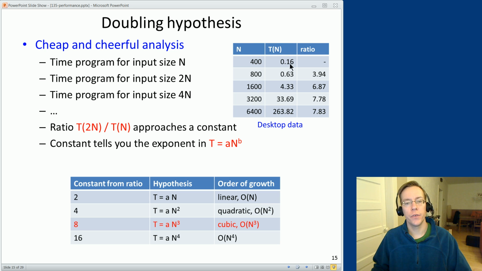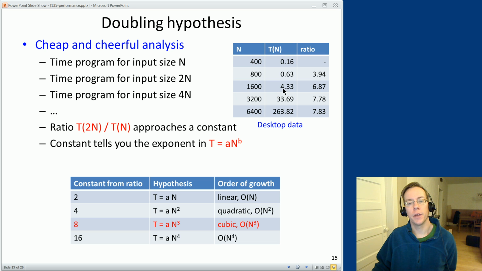Once we have the first two columns of this data, we can compute the third column, which is a ratio. Obviously, not for the first one. What we do is compute the ratio between the time at 800 versus the time at 400. So I took 0.63 divided by 0.16 and got 3.94.